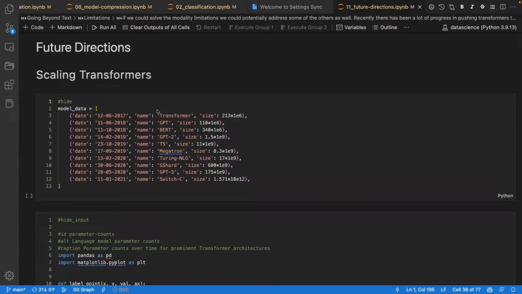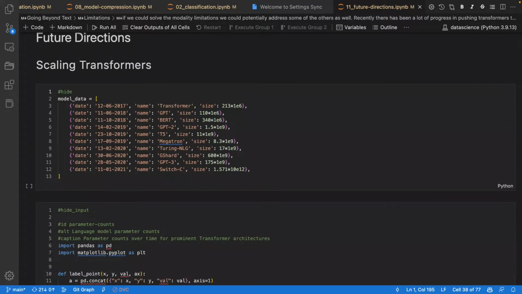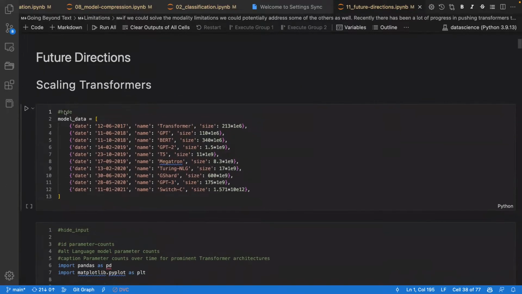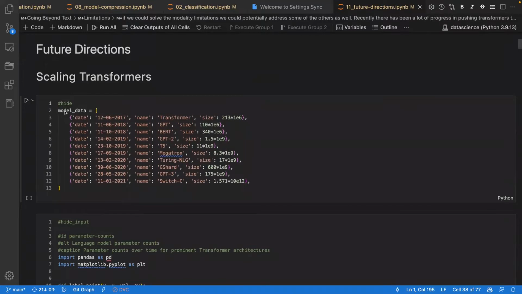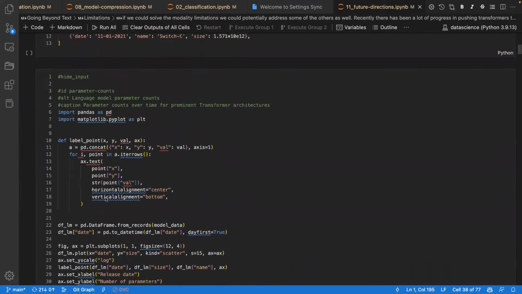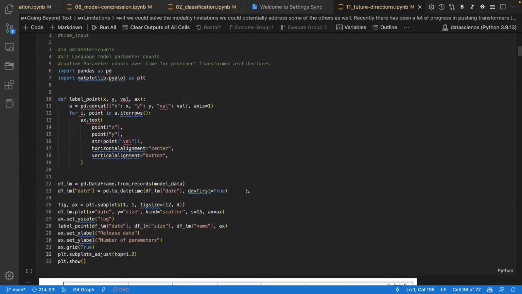Okay. So this is our last session for this chapter. It is basically talking about the future directions and scaling, and if somebody is doing research, some areas to look into. The first thing they talk about is scaling transformers. How can we scale transformers?